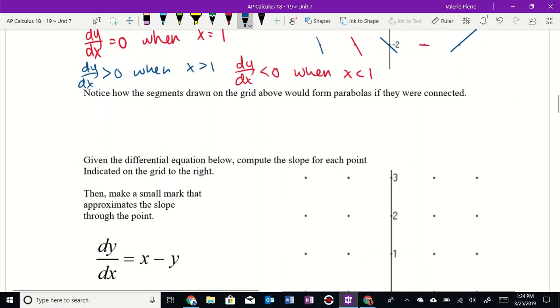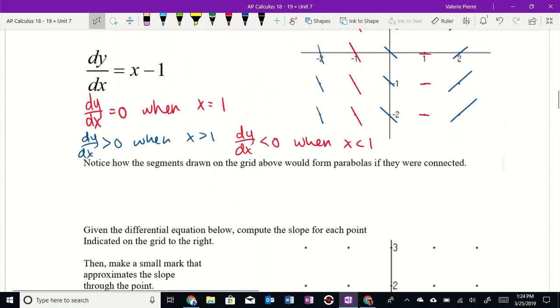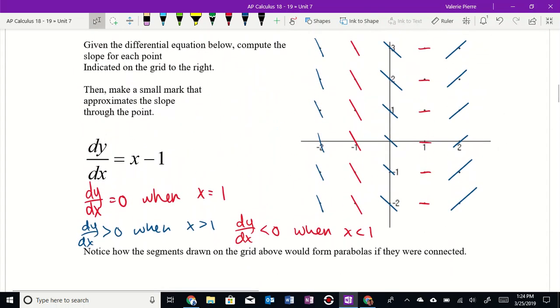All right. So notice how the segments drawn on the graph above would form a parabola if they were connected. Right? So if I had said that on the f of x graph, the point negative 1, 1 existed, then I would find or sketch the parabola for this by just following the tick marks.